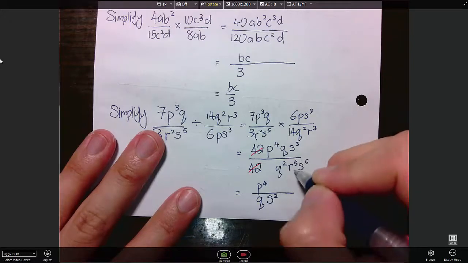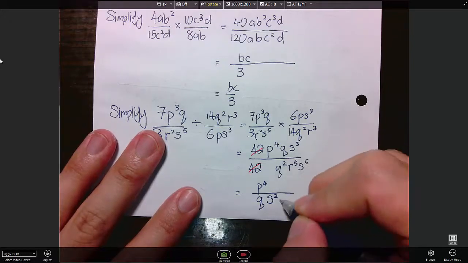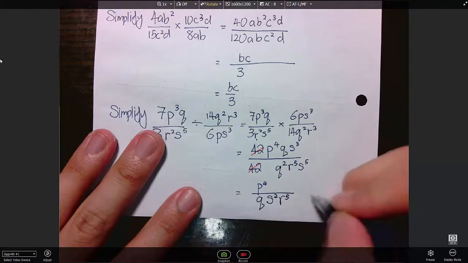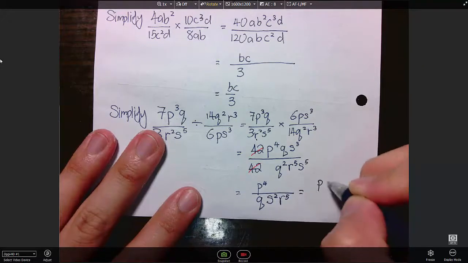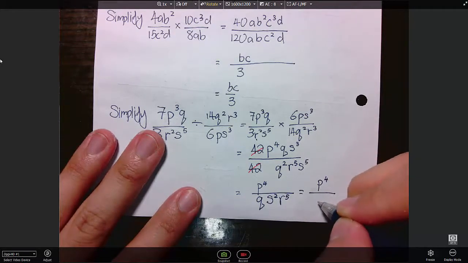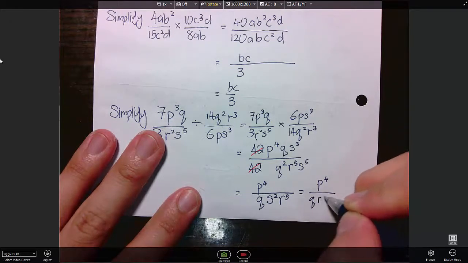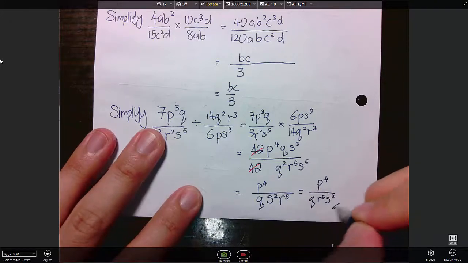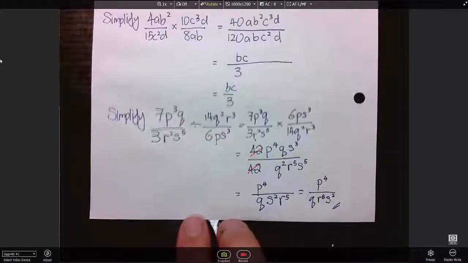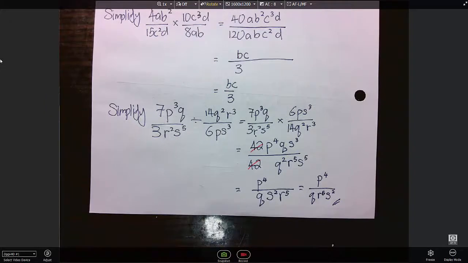And finally, r to the power of 5 has nothing to eliminate, so I have r to the power of 5. If you want to write it nicely, p to the power of 4 over q times r to the power of 5 times s square. And we are done simplifying this other algebraic fraction. That's it for the examples for 3.2.